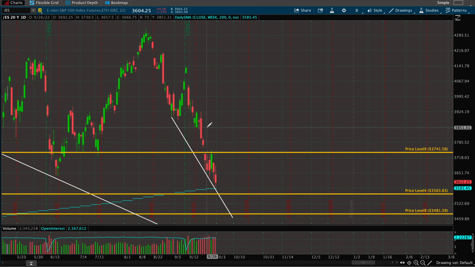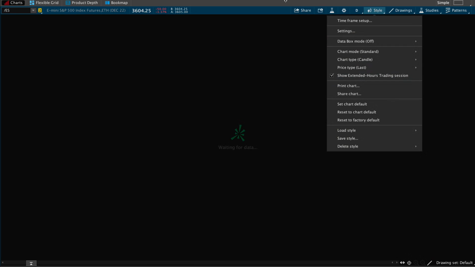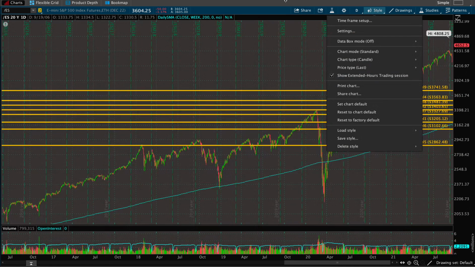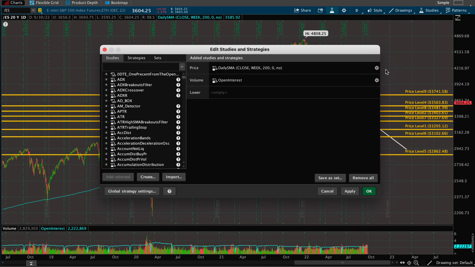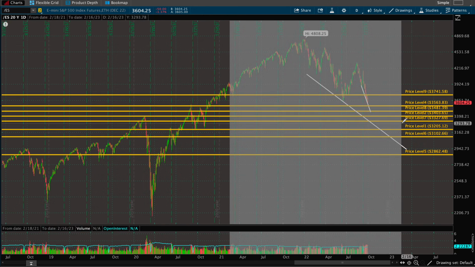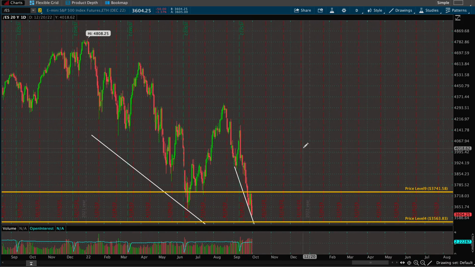Let's focus on smaller levels here for sure, and let's see where we go with the extended hours. I'm going to take away the 200 weekly SMA to clean up the chart. Okay, so pretty much that's from where it sold off, so we will keep that in account.